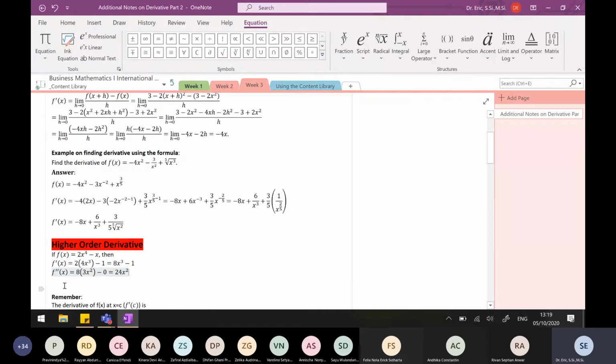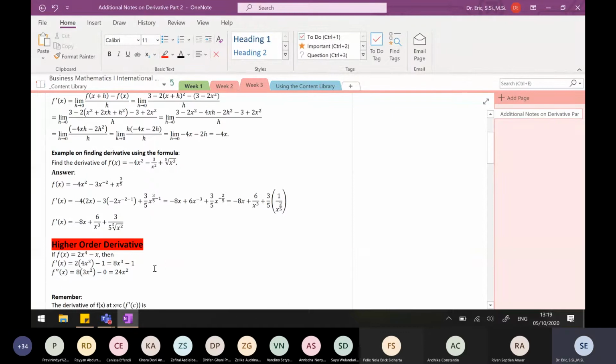And you can continue to the third derivative, that is the derivative of the second derivative, to the fourth derivative, and that's what we usually call higher order derivative. Okay, do you have any question for this higher order derivative? We just use formula today.